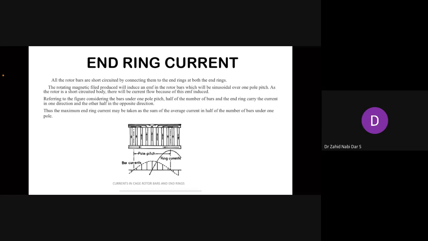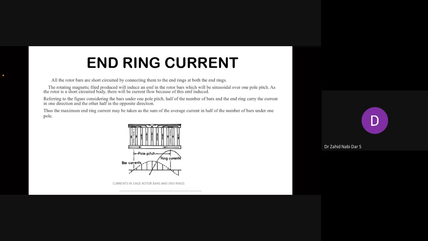As the rotor is short circuited, there will be a current flow because of the EMF induced. So the distribution of EMF is shown in the figure below.